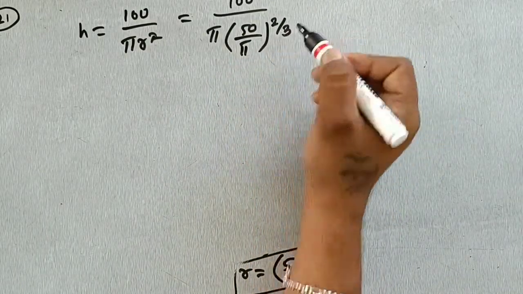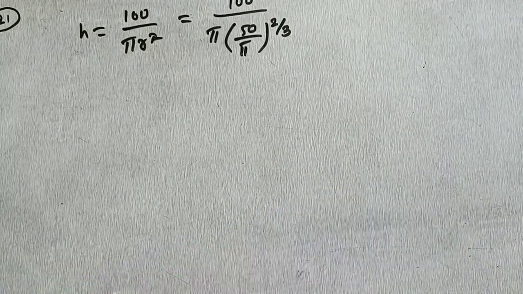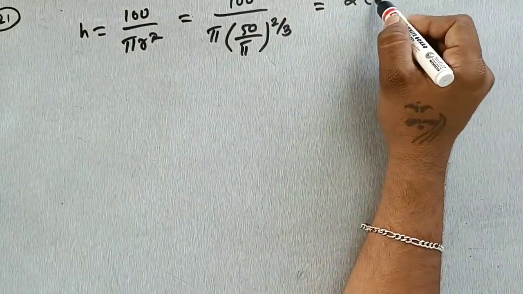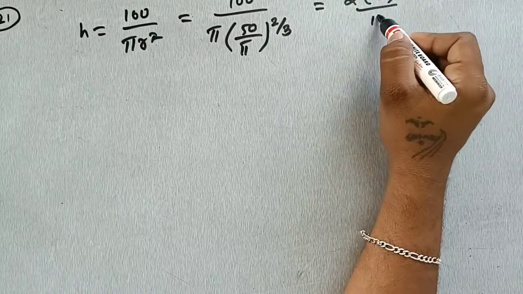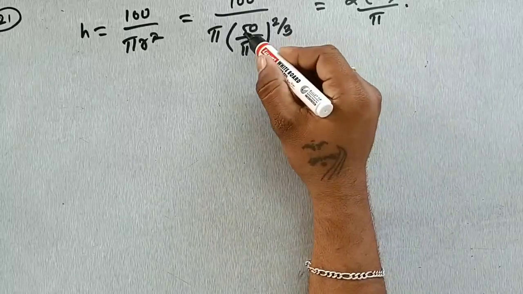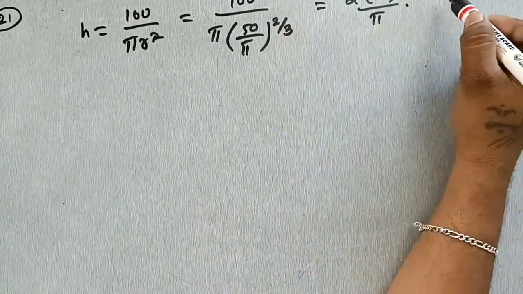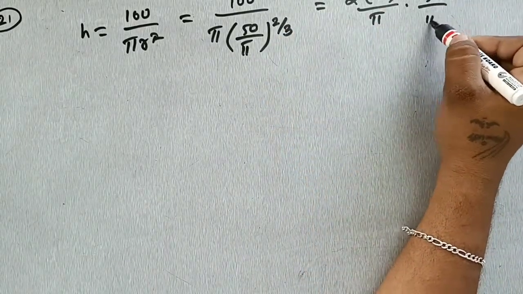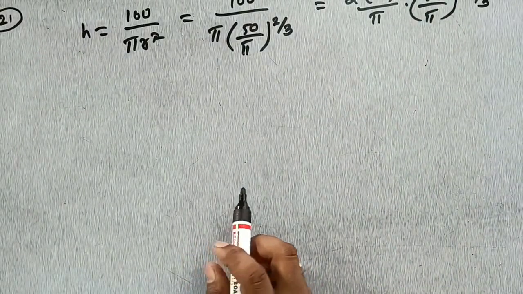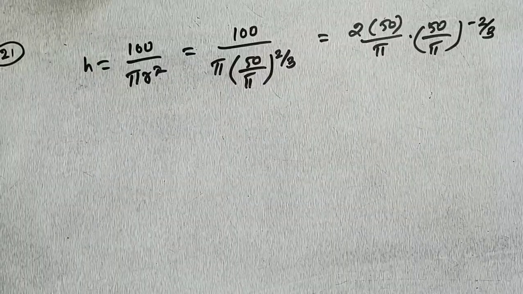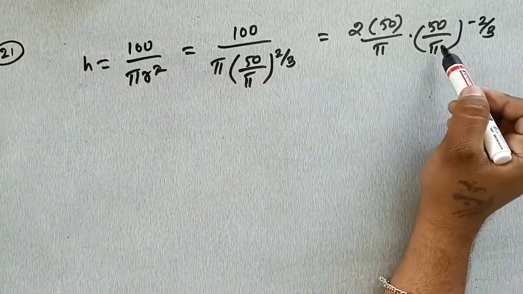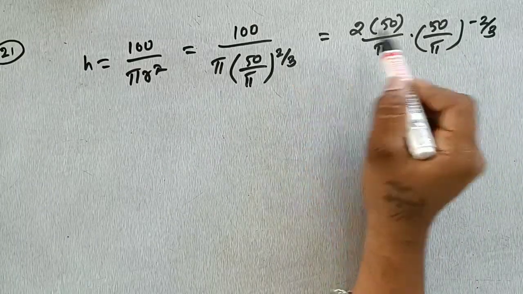squared means 2 power 2 by 3. Now we will simplify this. So 100 by pi can be written as 2 times 50 by pi into (50 by pi) power 2 by 3, which comes to the numerator, so it is written as (50 by pi) power minus 2 by 3.